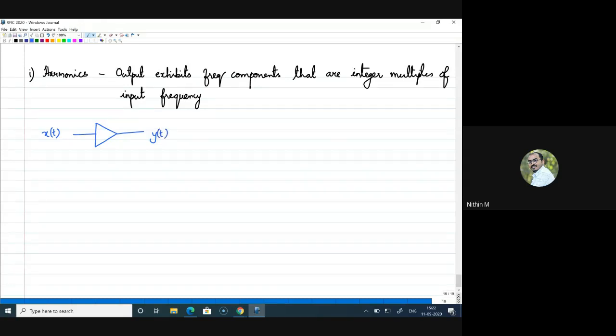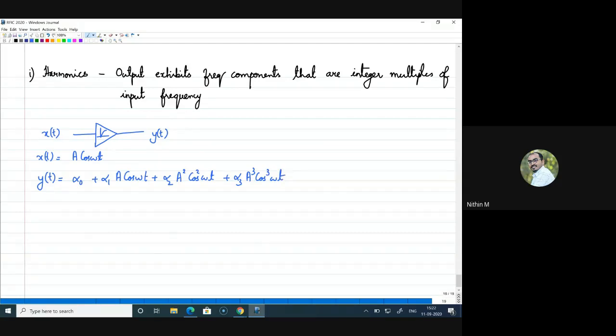If input is x of t and output is y of t, and you have a nonlinear system, and I am applying an input signal a cos omega t, and if I assume nonlinearity up to third order, I can characterize this system as alpha naught plus alpha 1 x of t, which is a cos omega t, plus alpha 2 x square t, which is a square cos square omega t, and alpha 3 x cube t, which is a cube cos cube omega t.